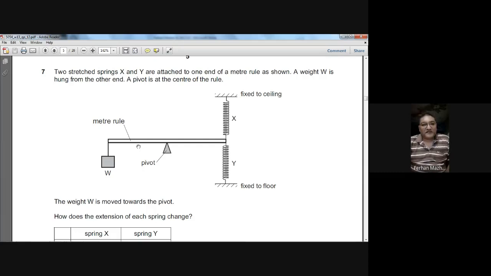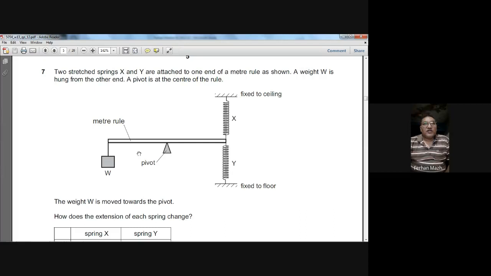So its moment, the anti-clockwise moment, will decrease. This whole thing will no more be in equilibrium, because now the clockwise moment will be larger.